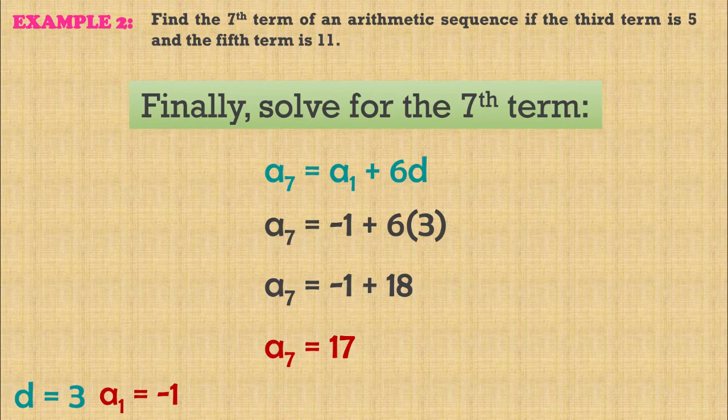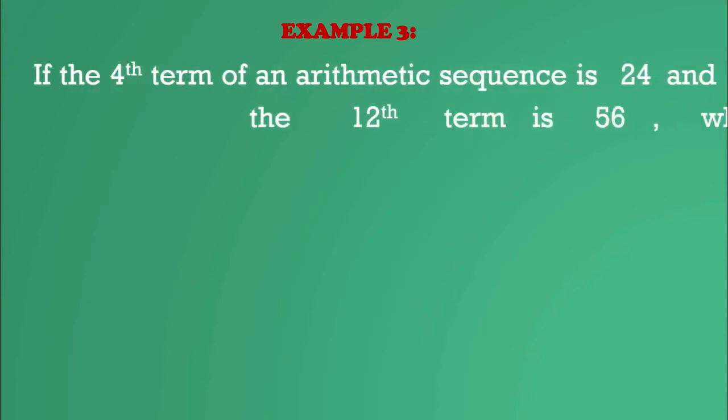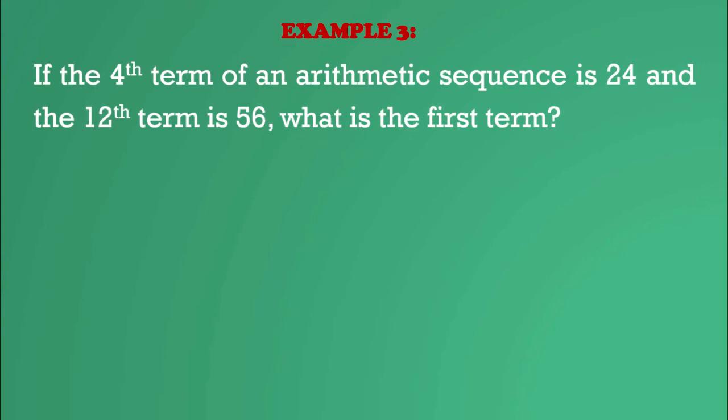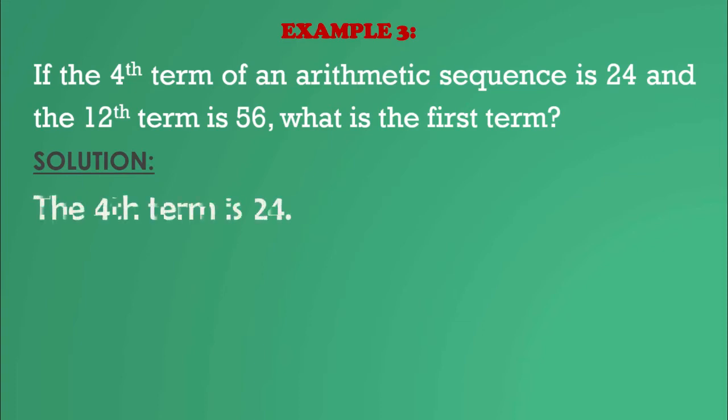Now let's have another example. If the fourth term of an arithmetic sequence is 24 and the 12th term is 56, what is the first term? So here we are given the fourth term, which is 24.